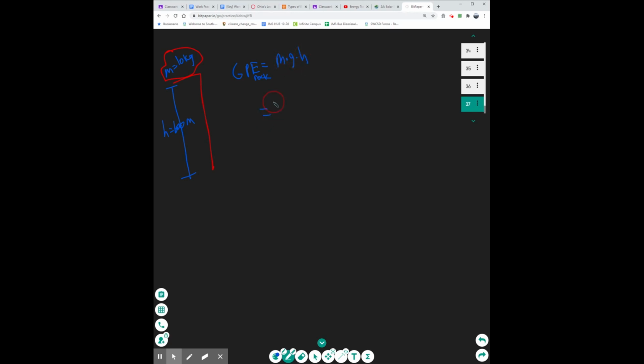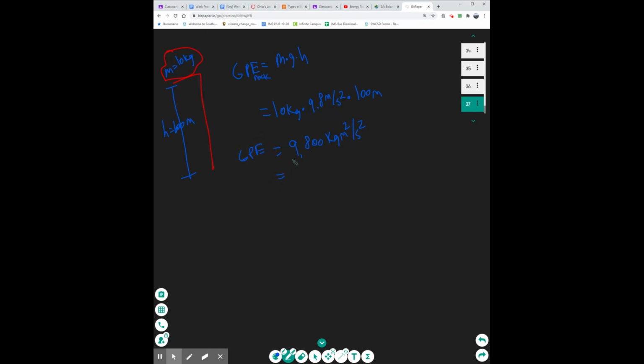So the mass of the rock is 10 kilograms times what's g again? 9.8 meters per second squared times the height, which is 100 meters. So easy peasy, we multiply these things together. 10 times 100 is 1,000 times 9.8 is 9,800 kilograms meters squared per second squared equals our GPE.